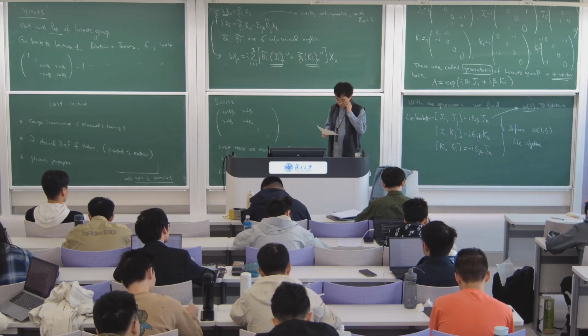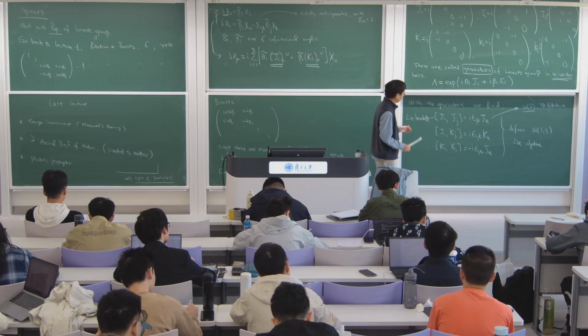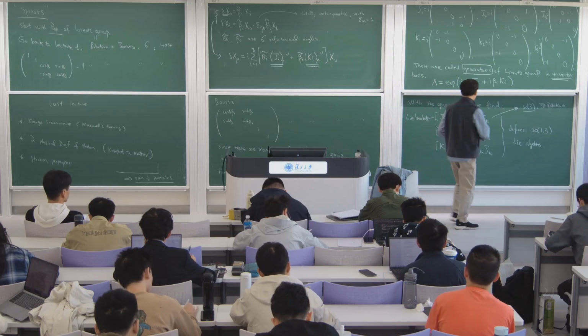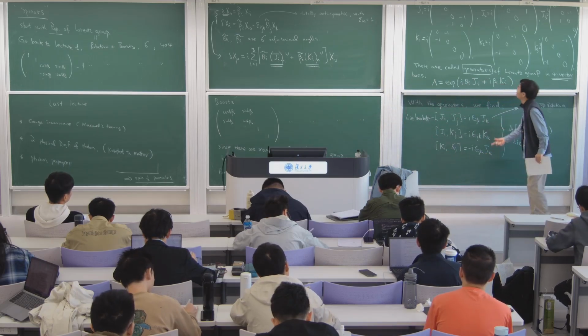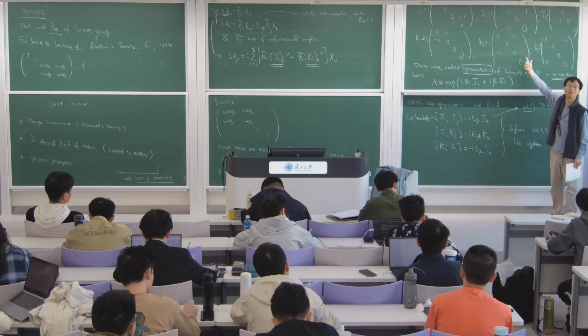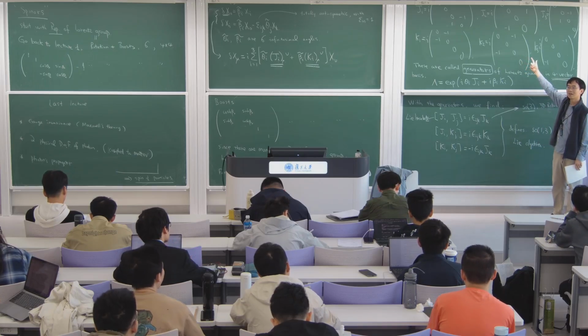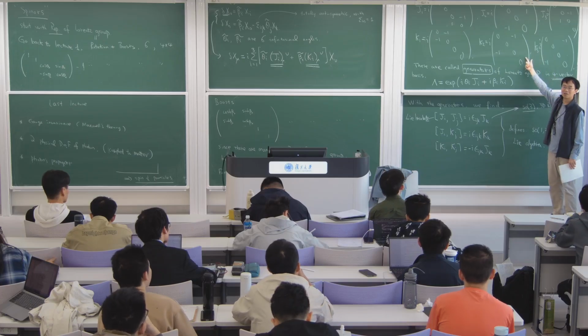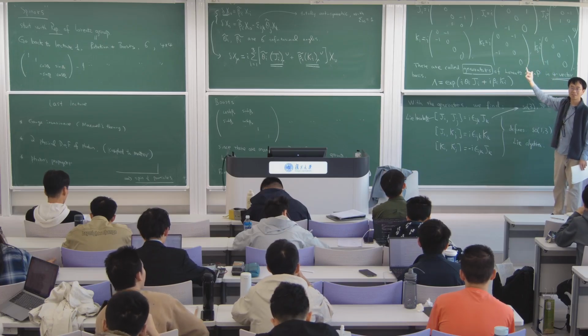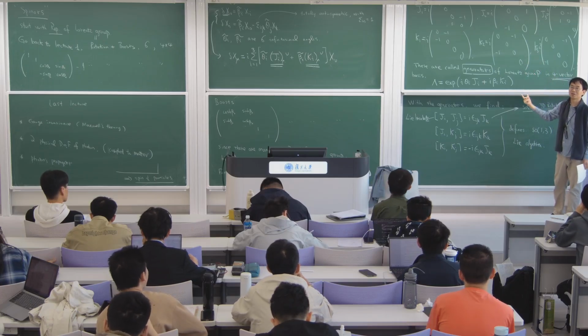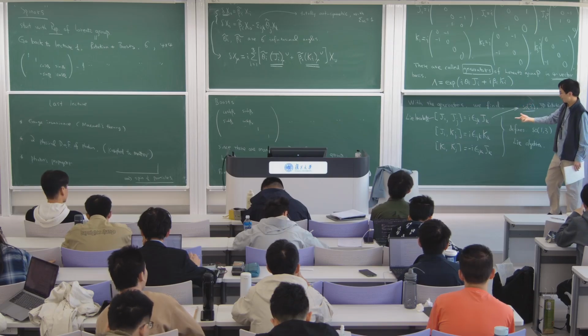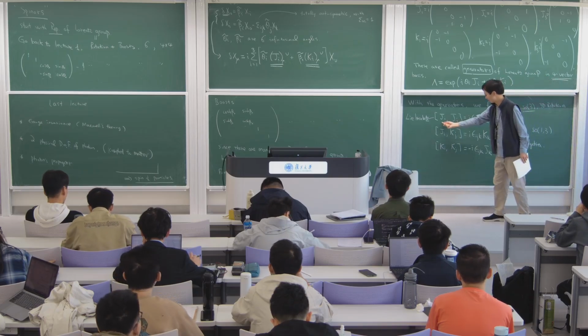Now, as I said, why should we view these relations as more fundamental than this explicit form of J and K? This is only one particular realization of J and K, in terms of 4x4 matrices. The more fundamental thing is these relations.